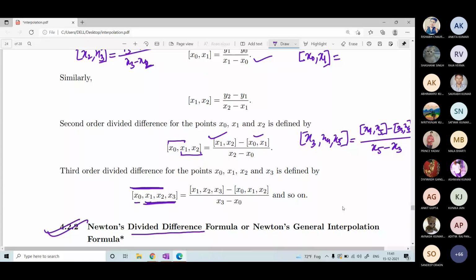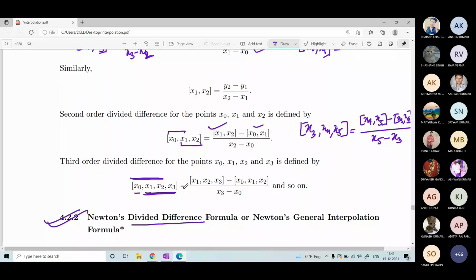Fourth order, fifth order, you can define accordingly. First let us consider one real data set and see how the table is created and how to find the divided differences. Then I will tell you the derivation of Newton's divided difference formula. That will be very simple, very easy.